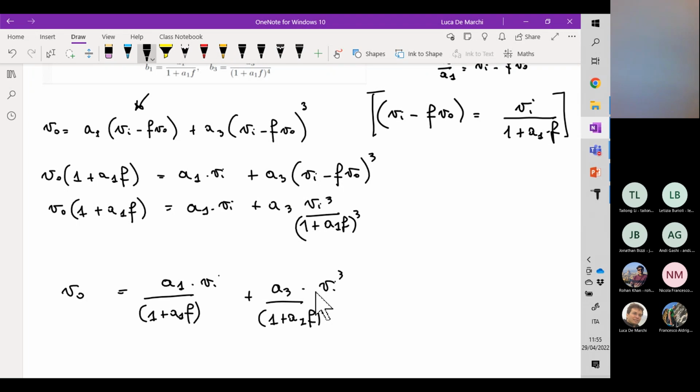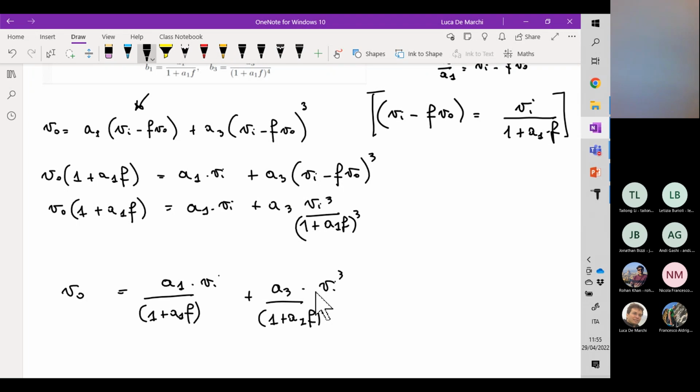So now we can compute VI over II, so the input impedance of the whole circuit, as this quantity divided by this one.